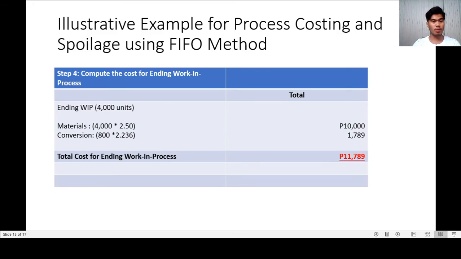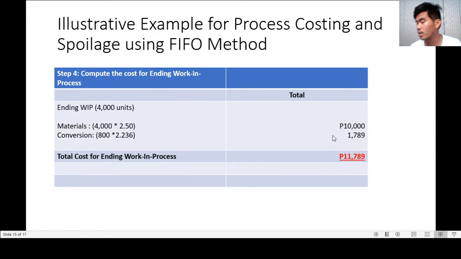Compute natin yung ending work in process. Sabi natin yung ending work in process is nasa 4,000 units. So sabi natin yung materials daw is in-include na. Kumbaga yung materials is already introduced into the production at the beginning of the production. So kung at the end of the production mayroon pang natira, hindi pa natapos, nandoon na yung materials. So yung materials doon is 4,000 units na talaga. So yung 4,000 units times mo doon sa equivalent unit cost na 2.5, that is 10,000.